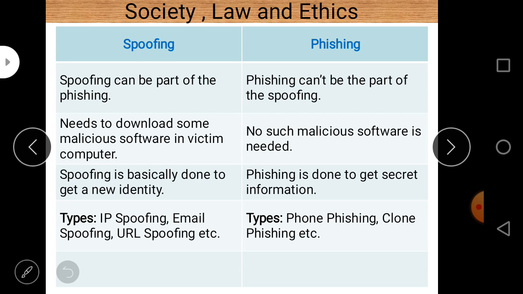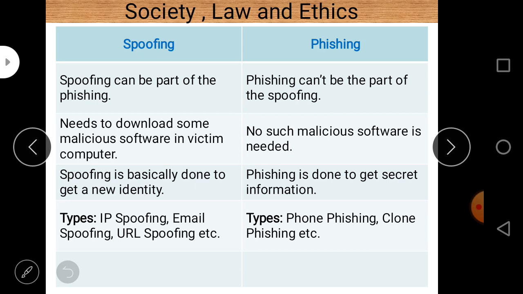Spoofing can be a part of phishing because in spoofing, basically there is identity theft, and in phishing, basically there is information theft. So we can see that spoofing can be a part of phishing. It is not essential that spoofing is always a part of phishing, but it can be a part of phishing. But phishing cannot be a part of spoofing because those two terms are different from each other. In phishing, there is a theft of information, and in spoofing, there is a theft of identity.